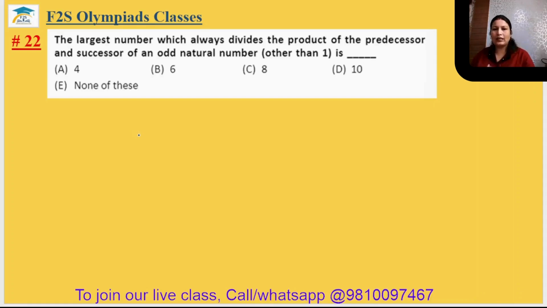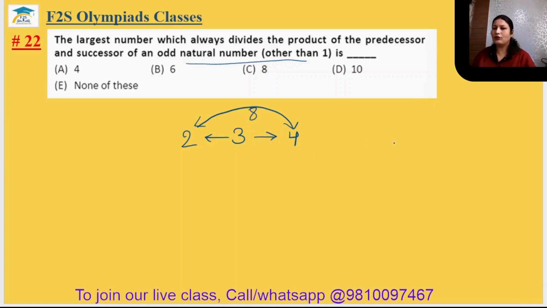22nd. The largest number which always divides the product of the predecessor and the successor of an odd natural number other than 1 is... We cannot take 1 as the odd number. If we take 3, its predecessor is 2, its successor is 4. 4 twos are 8.